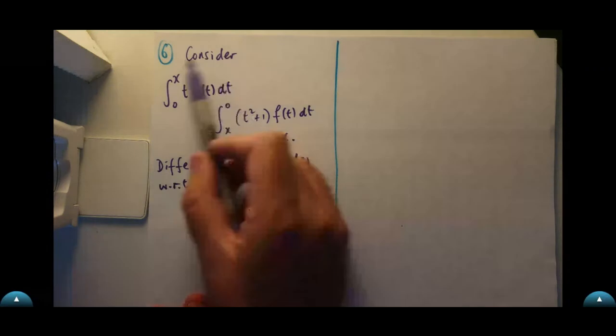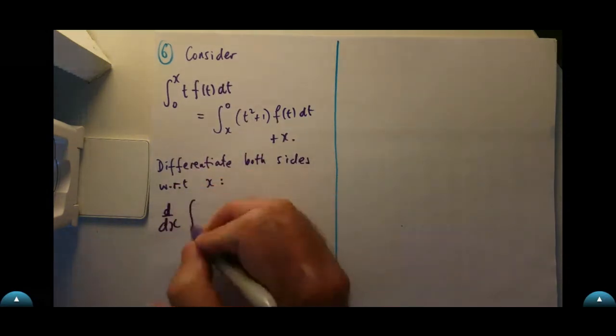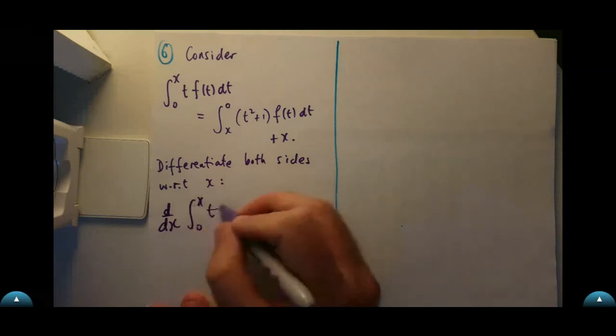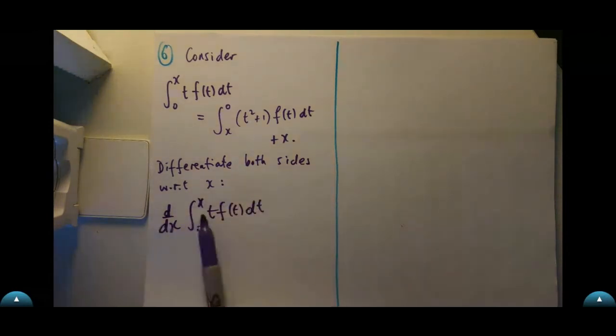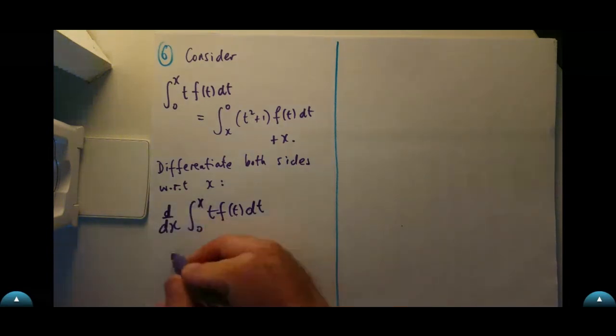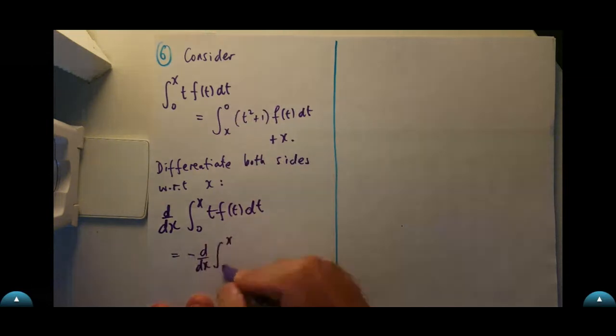So if I differentiate this, when I differentiate this, it's going to disappear and the x will go here and the x will go here. And I can differentiate this. Now, what should I do with this? I'm going to change the order so it's nice.